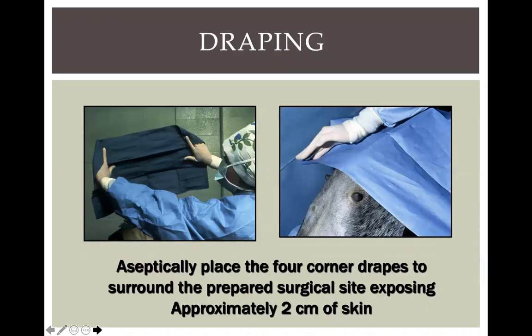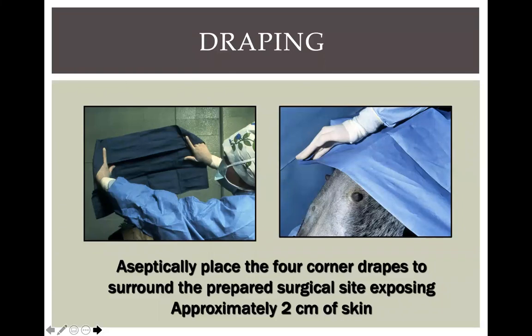So for draping, we're going to start with placing 4-corner drapes. As I just said, you can either use pre-purchased disposable drapes, which is what we have, or you can use cloth towels. You can wash them, fold them, and sterilize them. If you look at the amount of work it takes to do that, you may find cost effectiveness goes with buying pre-purchased drapes, and it certainly does for us.